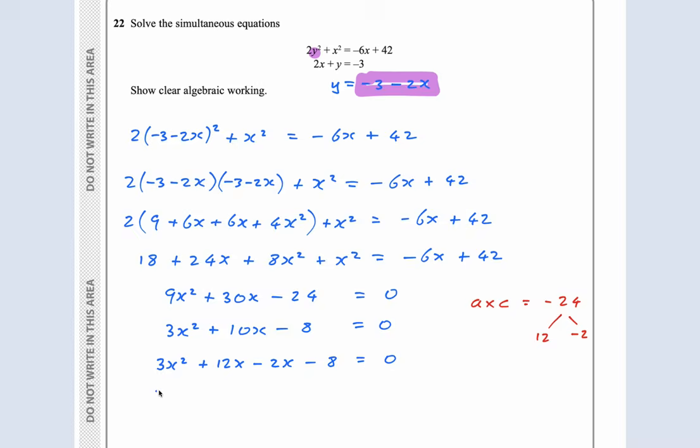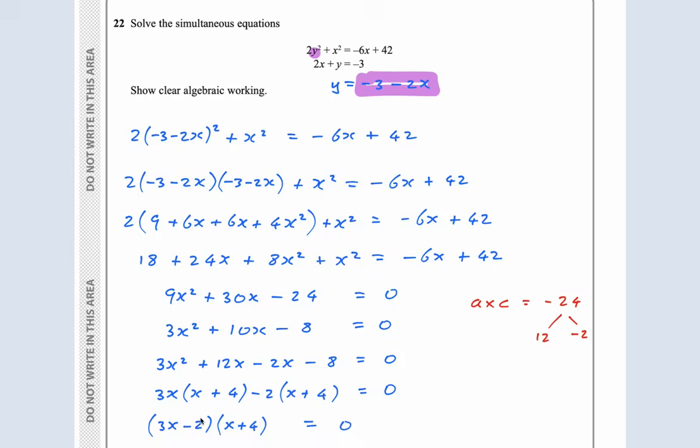Factorize the first two, 3x into x plus 4, and then take out the negative 2 here, and I get x plus 4, and then my factors are 3x minus 2 here, and x plus 4. It's a bit like taking out the common factor, x plus 4 equals 0.